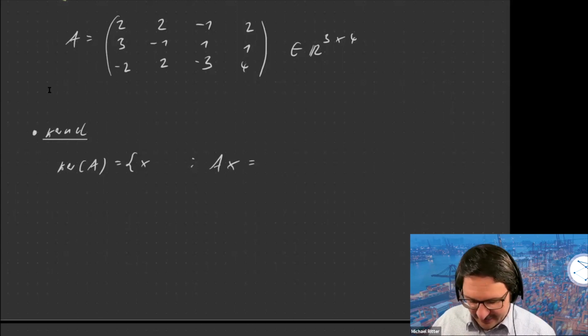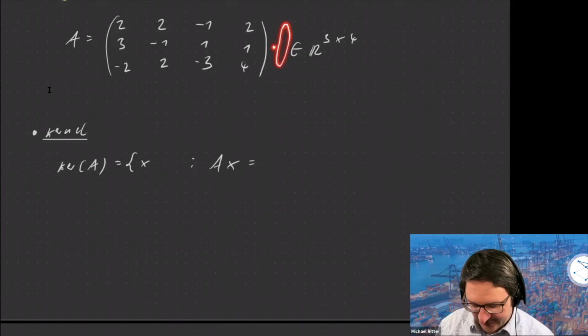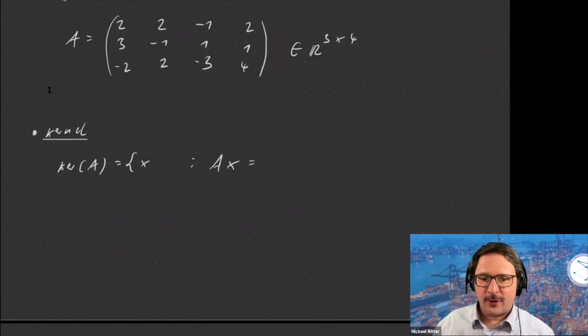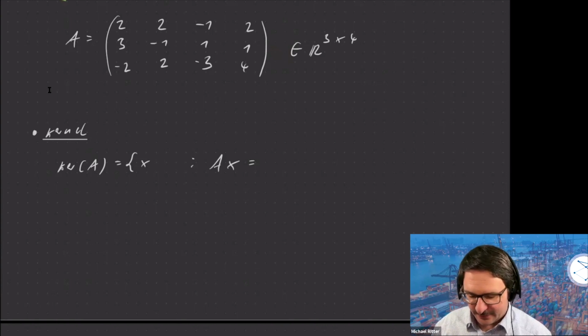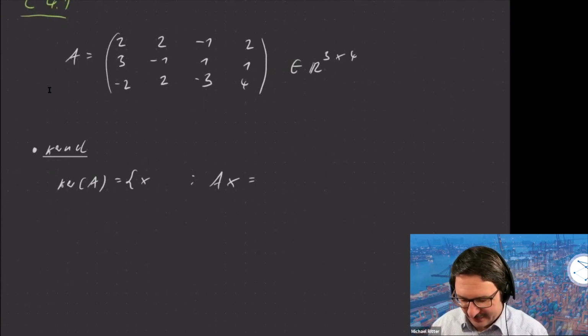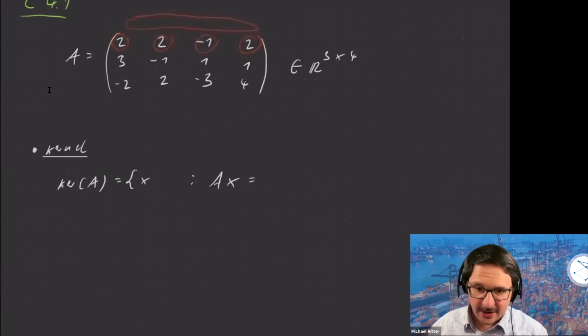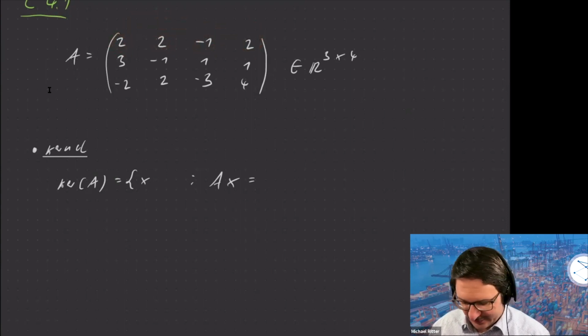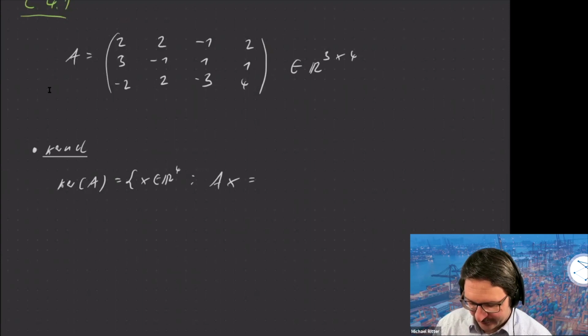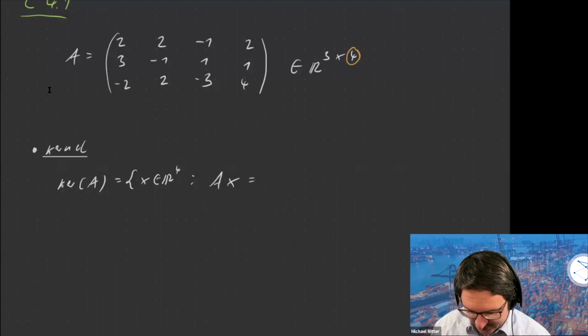If you multiply a vector to the right of that matrix, then you need to have 1 entry for each column of the matrix. Because when you multiply that, each entry of the vector will be multiplied with the respective entry of the column for each row of that matrix. So that means the vectors need to be in R to the 4. We need 4 entries because we have 4 columns in A.